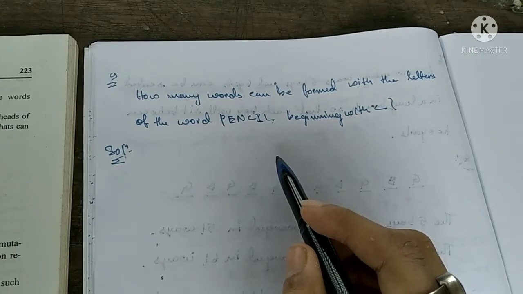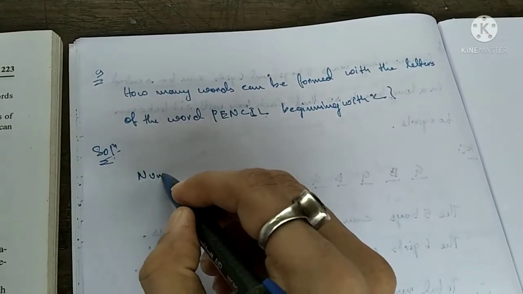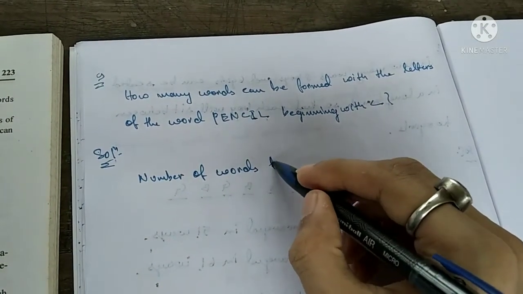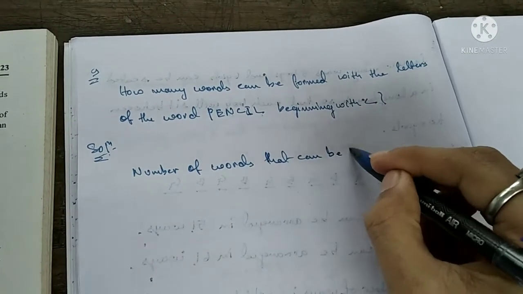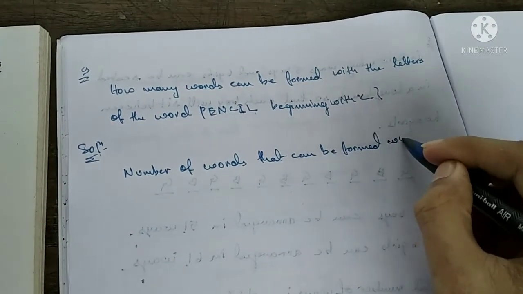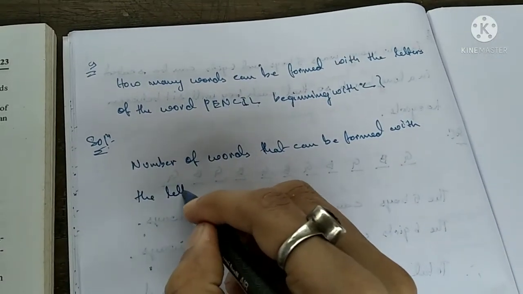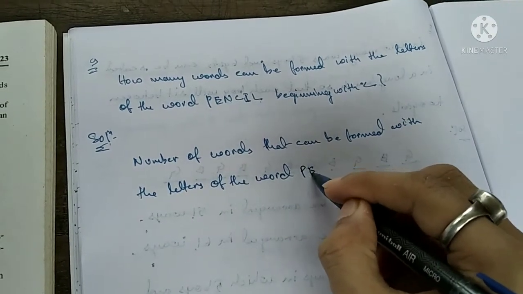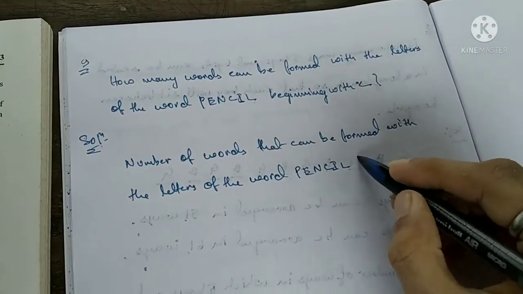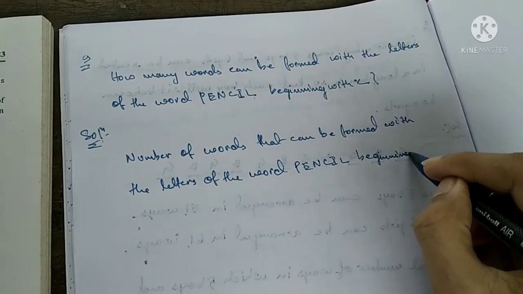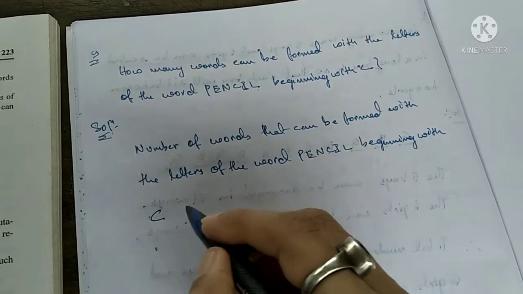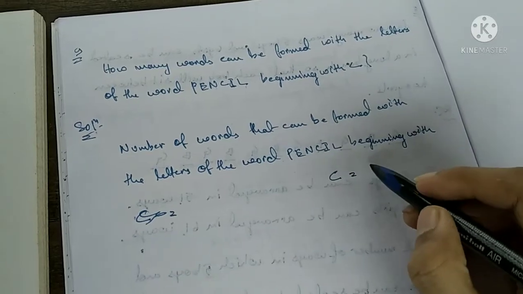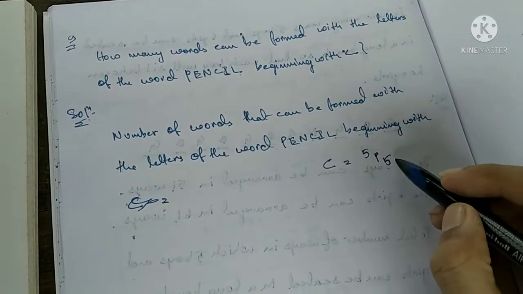Okay, so therefore I will write: number of words that can be formed with the letters of the word pencil beginning with C, it will be equal to 5p5, 5 ways.